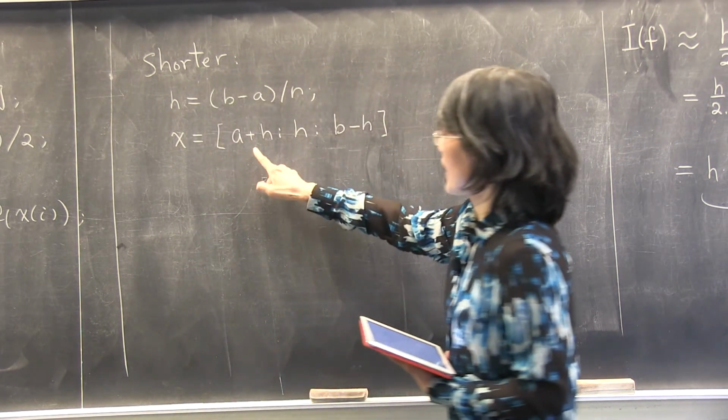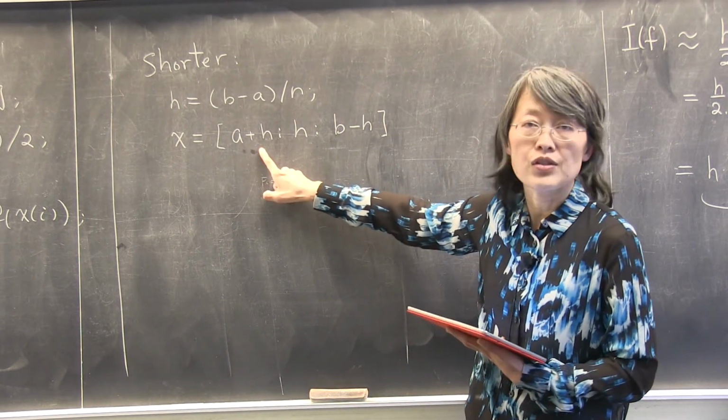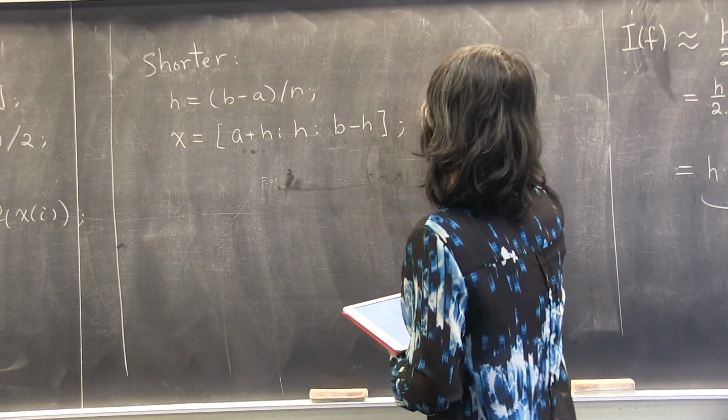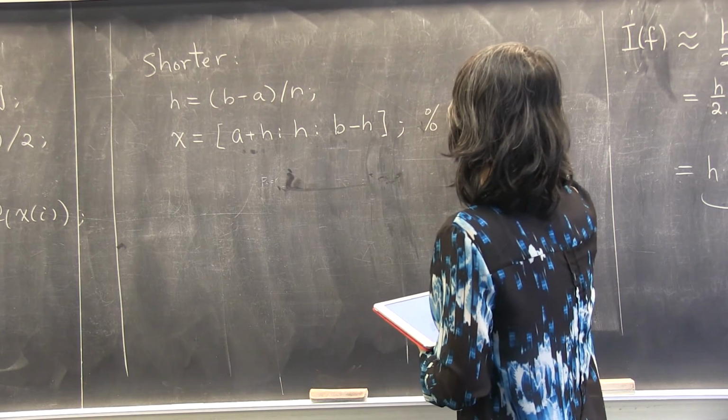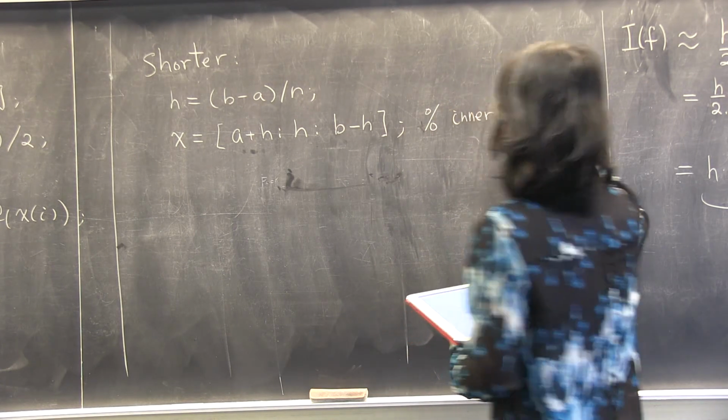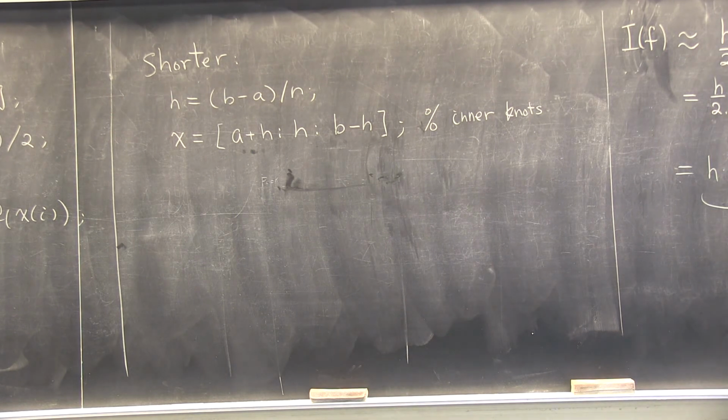So this is actually x1, a plus h, and it ends at b minus h. You can put a comment: these are all the inner points, inner knots, meaning what this summation is doing.